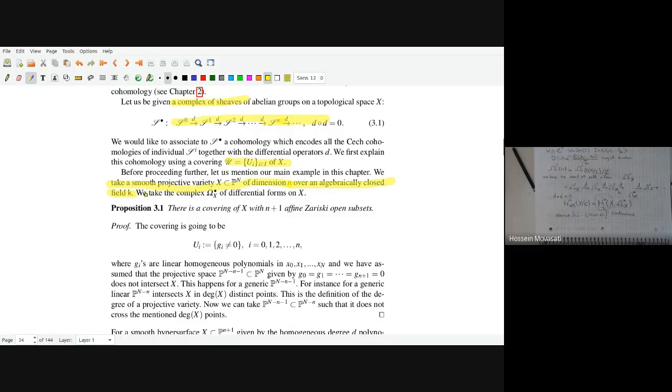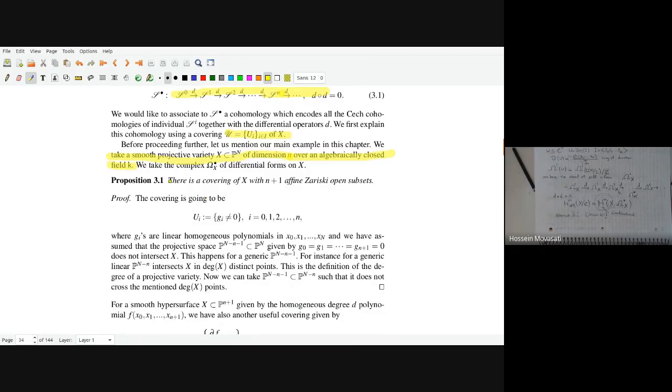First of all, there is a covering of X with n plus 1 open subsets. We will need it at some point.